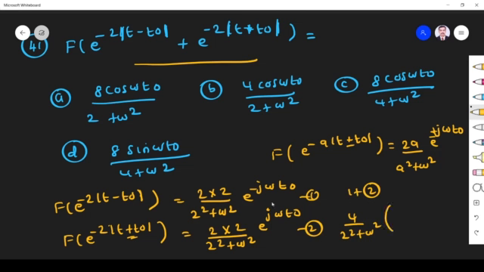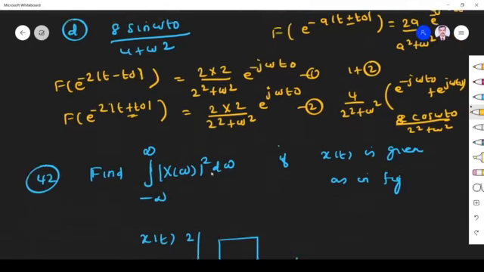This is common. E power minus j omega t naught plus e power plus j omega t naught is equal to 2 cos omega t naught. So 2 cos omega t naught multiplied by 2, it will be 4, 8. This 2 square plus omega square, that is 4 plus omega square. So 8 cos omega t naught divided by 4 plus omega square.